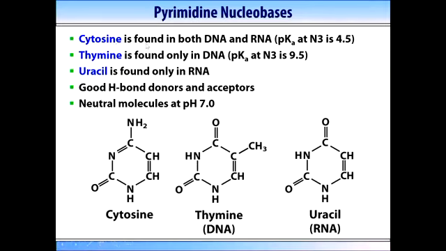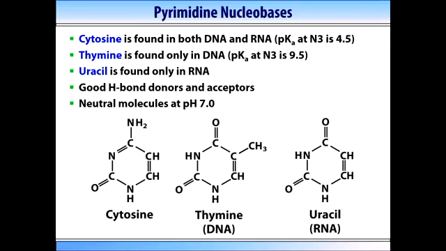For example, cytosine is found in both DNA and RNA, and the pKa at N3 is 4.5. Why am I showing you this? Let's look at the cytosine. What is the N3? N3 is this atom right here. So pKa 4.5. How do you interpret this data? You had chemistry and studied pKa's there. What does pKa mean?